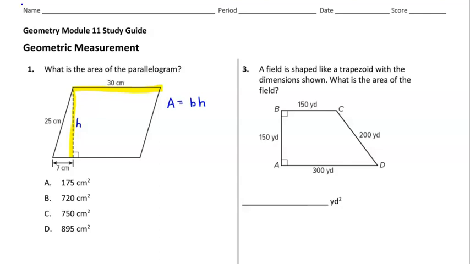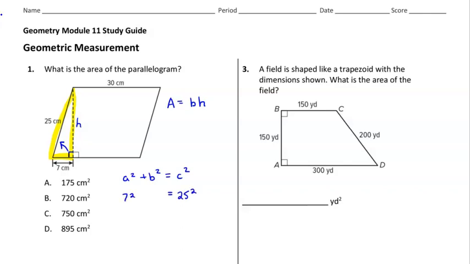And we have a right triangle because they give us that little piece there at the bottom, so I can go ahead and figure out what h is. So I've got a squared plus b squared equals c squared. My c is going to go across from that 90-degree angle, so that's going to be 25 squared.